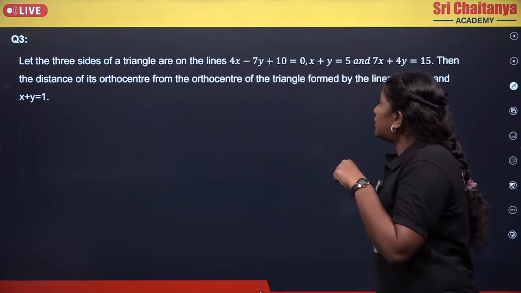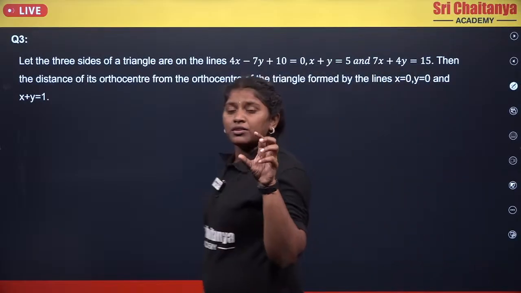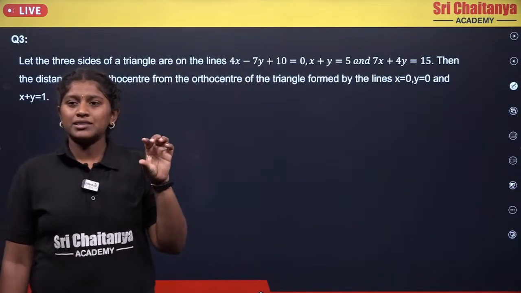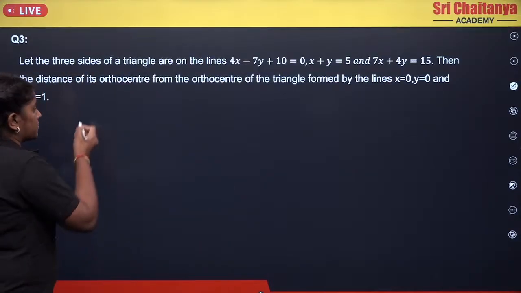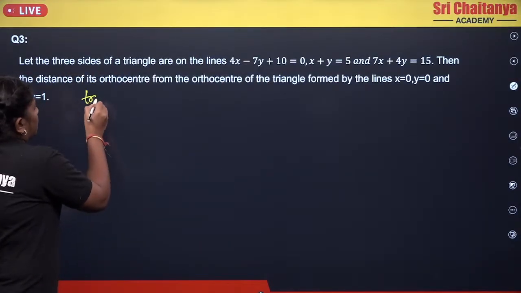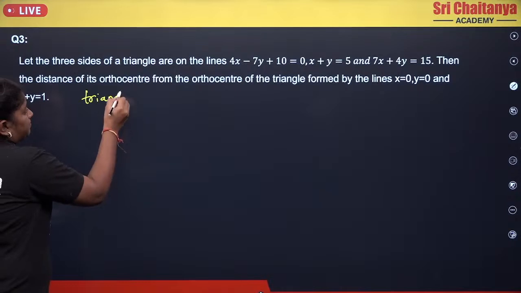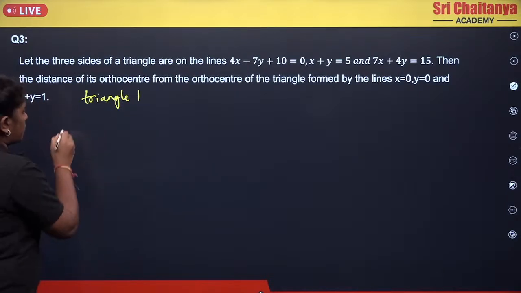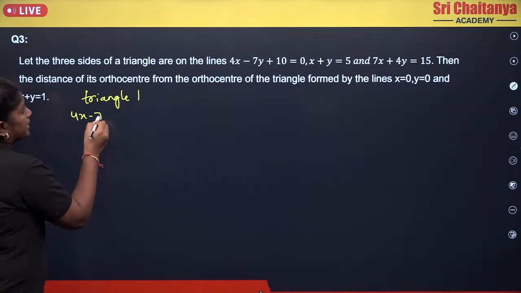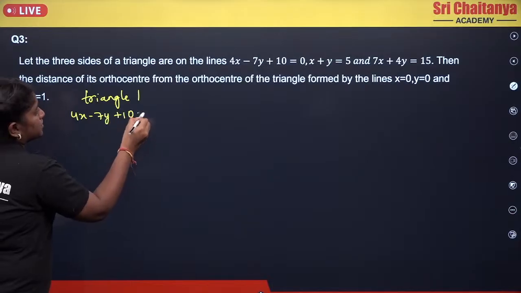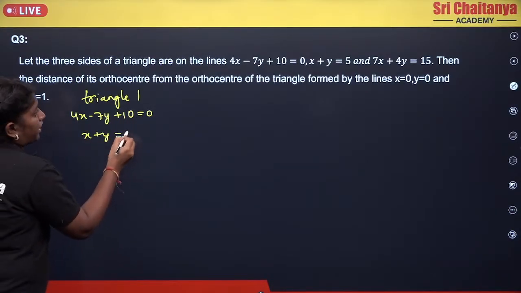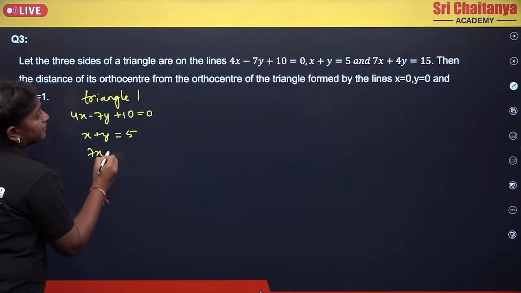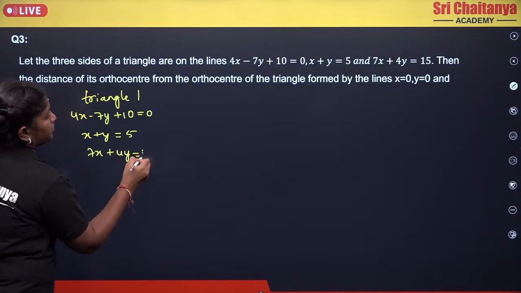See, here if you observe, coming to the first triangle, from the three sides they gave for the first triangle, we can get one conclusion. So here we can take triangle 1, which has the sides 4x minus 7y plus 10 equals 0 and x plus y equals 5 and 7x plus 4y equals 15.